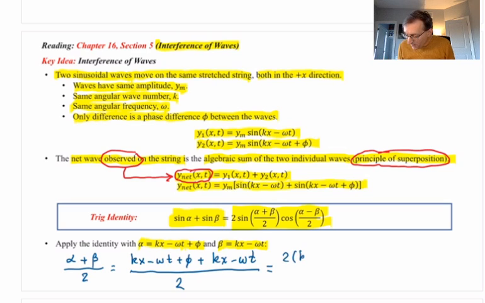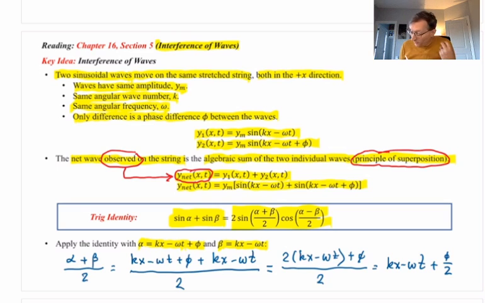So let's do 2 times kx minus omega t, and then plus a phi, all divided by 2. But algebra allows me to write that like this: kx minus omega t plus phi over 2. Okay? That's alpha plus beta divided by 2. So, that expression is going to get substituted right inside that sine. I'll show you that on the next slide in just a minute.